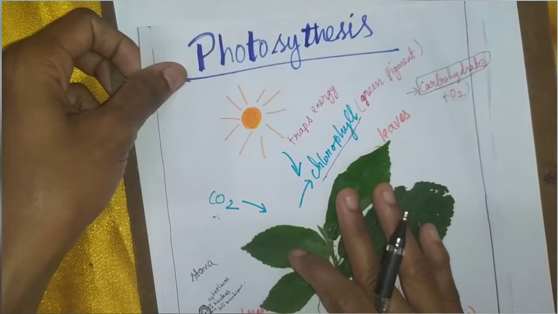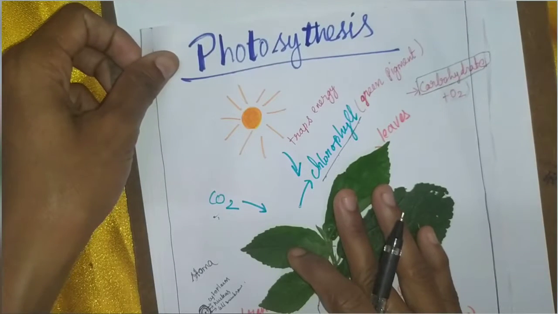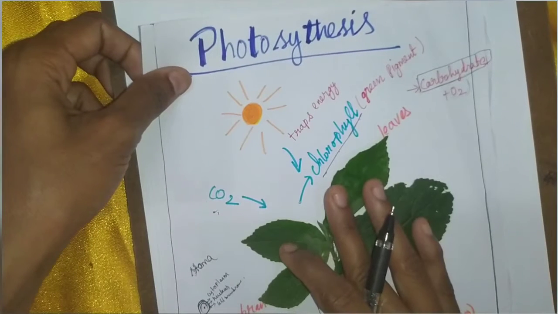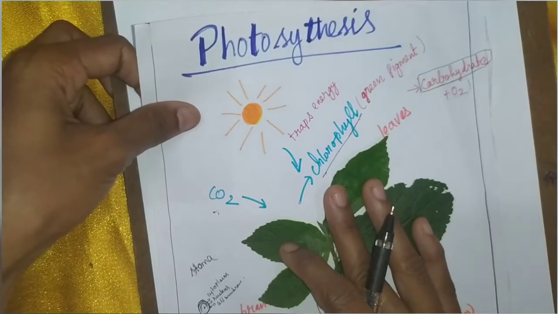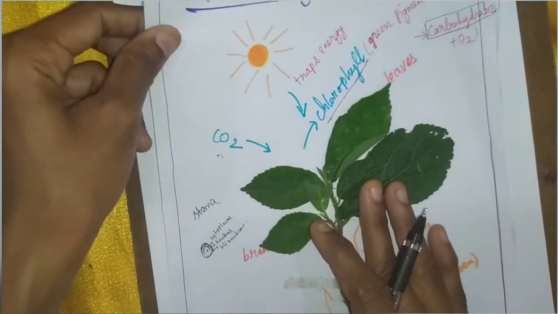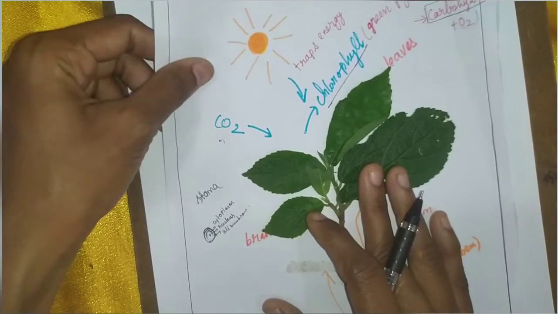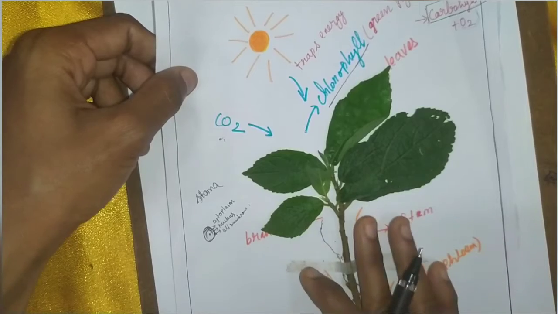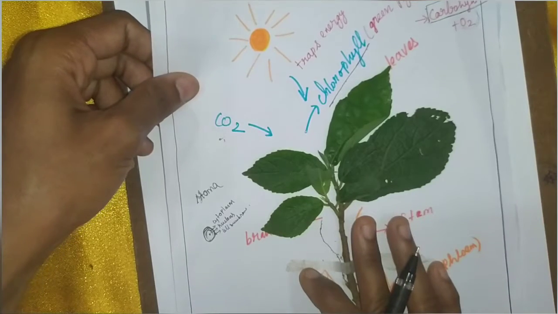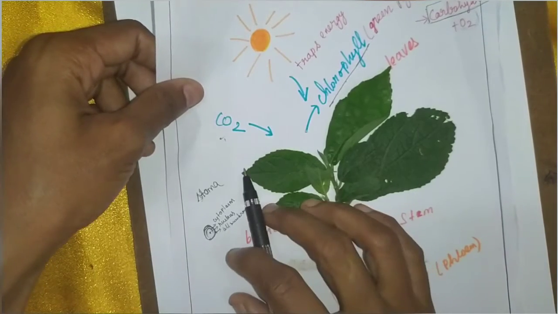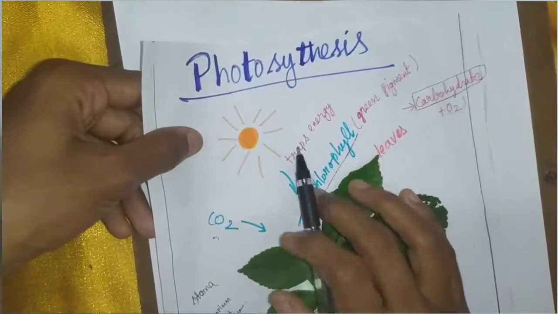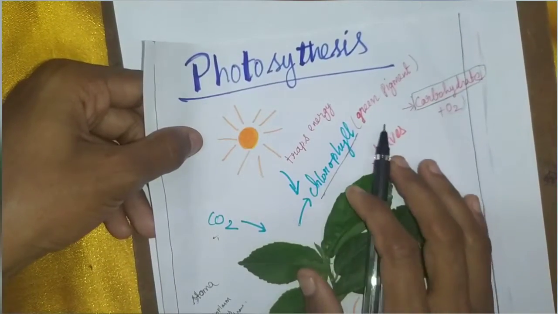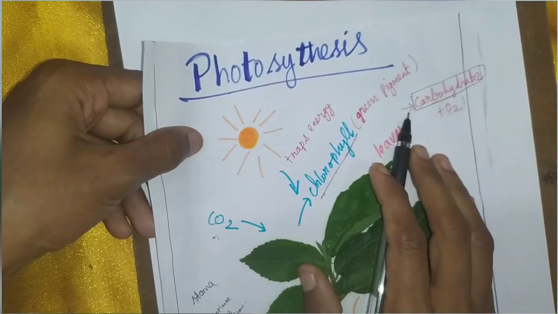In this video, we are going to talk about the photosynthesis process. Plants are the only organisms that can prepare their food by themselves and they are called autotrophs. How are plants preparing their food during photosynthesis? During photosynthesis, plants combine carbon dioxide, water and minerals with the help of sunlight and chlorophyll, and they synthesize their food.